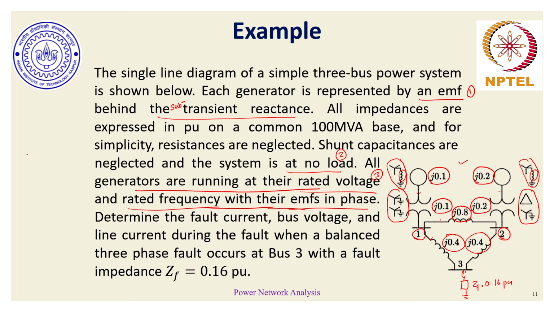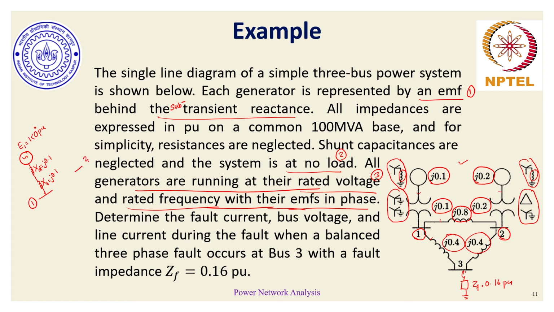That means if I have to redraw this circuit, which I'll try to draw over here, then I have E1, which is 1 at an angle 0 per unit. This is in series with its subtransient reactance XD equal to j0.1, then followed by the reactance of the transformer j0.1, and then I have bus 1 present over here.